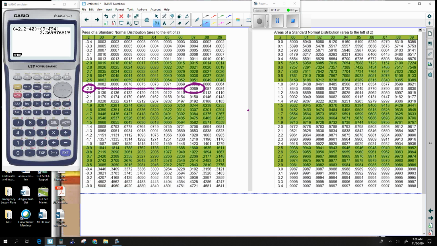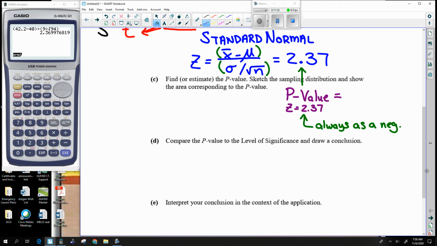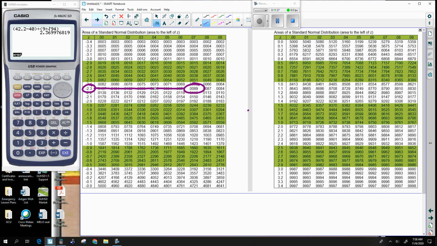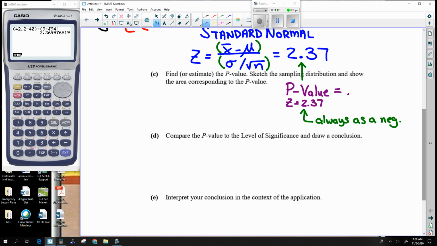If it's a positive, look it up as a negative. And again, I don't want to overwhelm you with the reason why right now, but just do it. Oh, totally missed the value. I'm sorry. 0.0089. Okay, remember that.